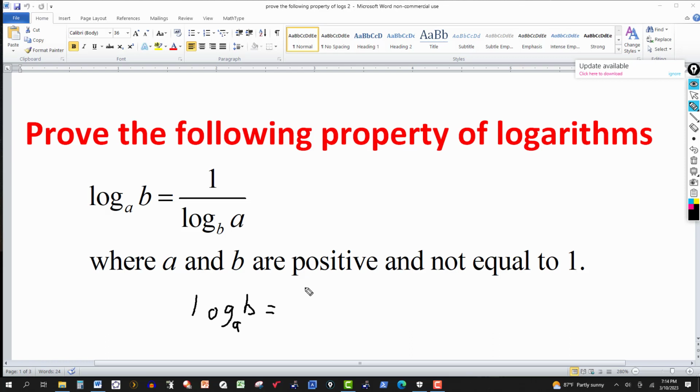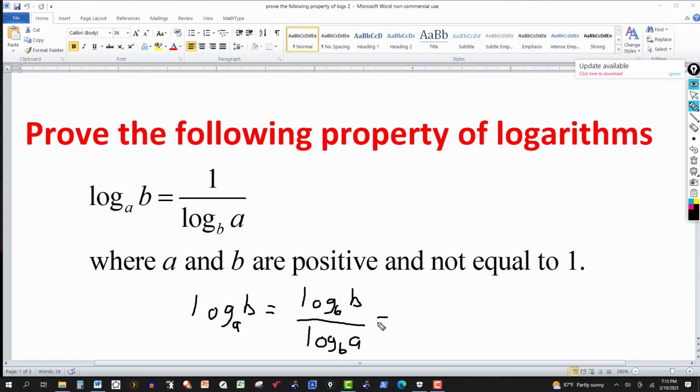Using the change of base formula, I can also say this is equal to the log of b, and I'm going to select the new base to be b. In the denominator, we have the log of a, that same base that we selected, to the base of the original log.